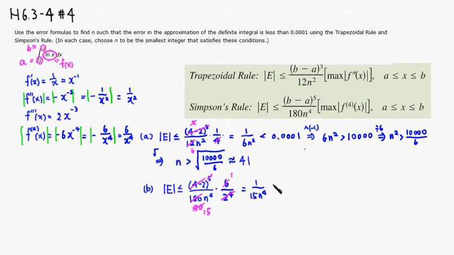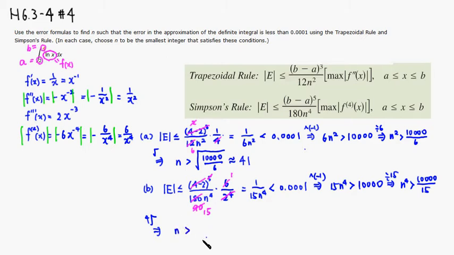We want this to be less than 0.0001. Take the reciprocal of both sides. We get 15 n to the 4th is greater than 10,000. Then we divide through by 15, so n to the 4th is greater than 10,000 divided by 15. We take the 4th root of both sides. N is greater than the 4th root of 10,000 divided by 15.